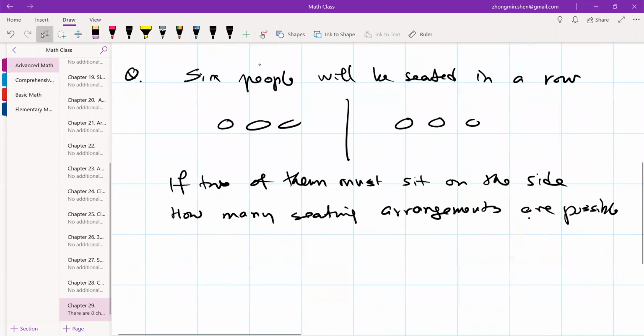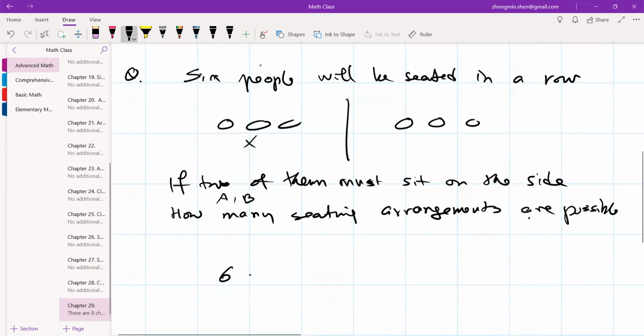Okay, so those 2 persons, we call them A and B, right? In order to let A and B sit on the same side, what is the best way to do it? Step 1, you let A select any of the seats. It could be here, could be there, doesn't matter. So how many seats can A select? 6.